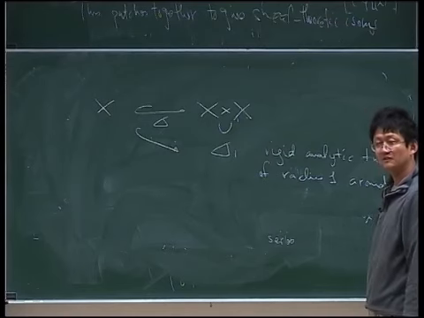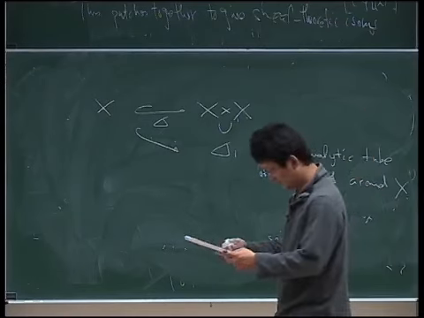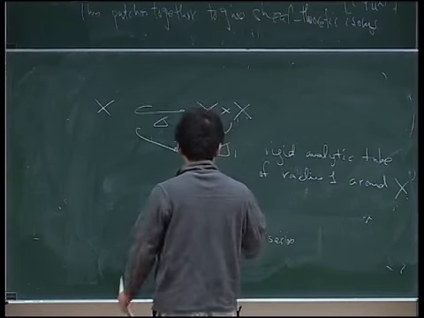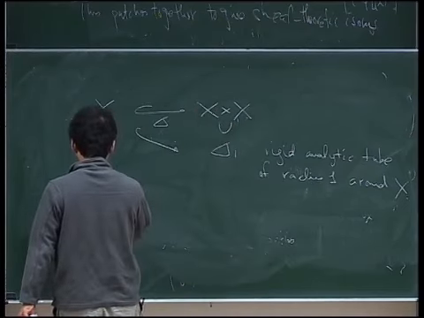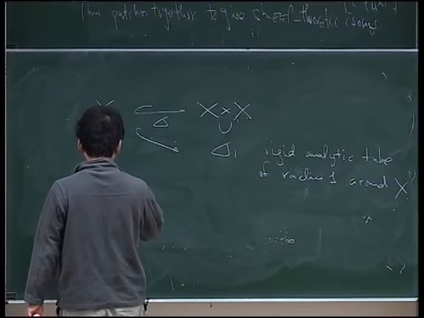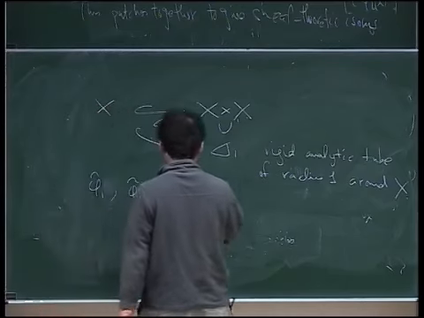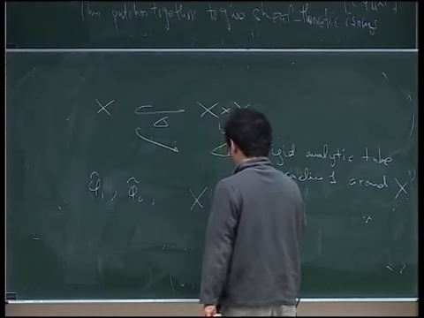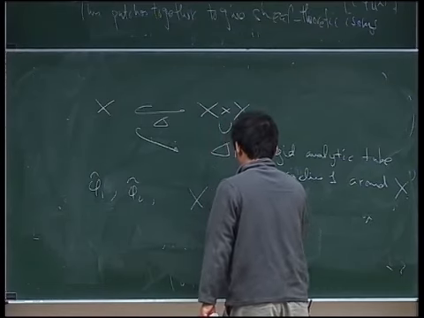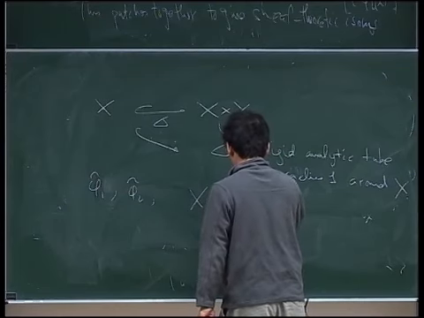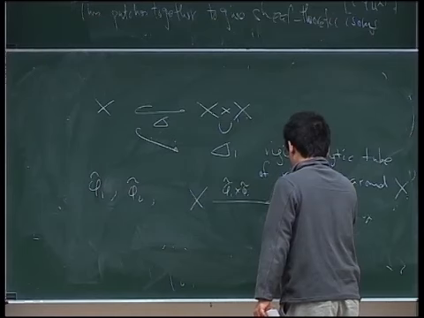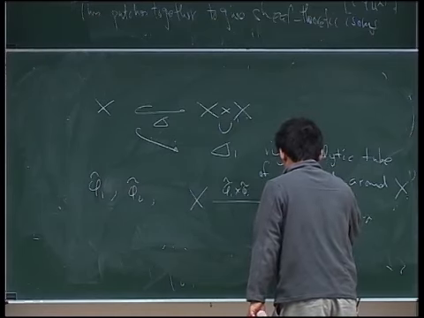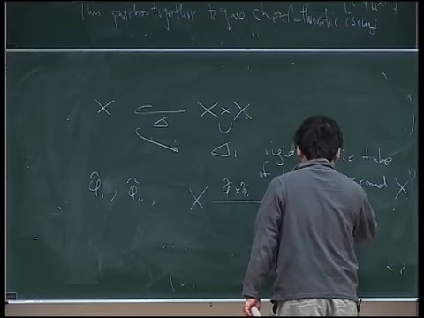If we have two lifts, phi 1 tilde and phi 2 tilde, then in fact what we get is a map from X to this neighborhood delta sub 1 inside X cross X.